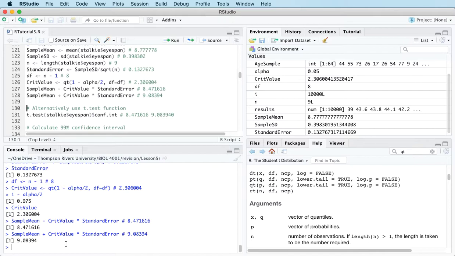And so that's the technical definition, but much better just to keep things simple and just say we're 95% confident the population mean is in this interval.